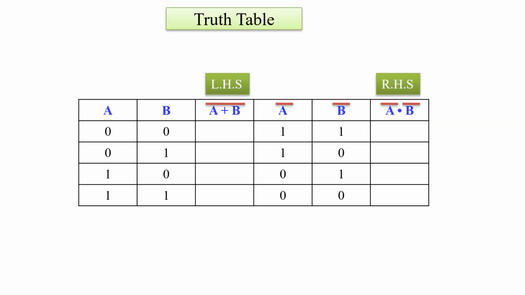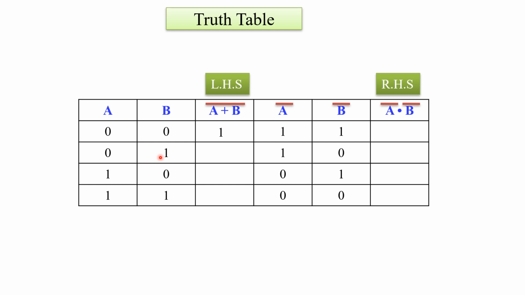Now we have seen the first theorem statement, the logical equation and the logic diagram. Now let us verify the first theorem by proof, a proof by truth table. Here we have two variables A and B. The left hand side is A or B bar, and the right hand side is A bar and B bar. For the inputs 0 0: 0 or 0 is 0, bar is 1.